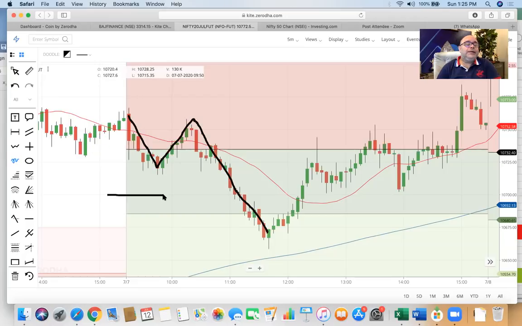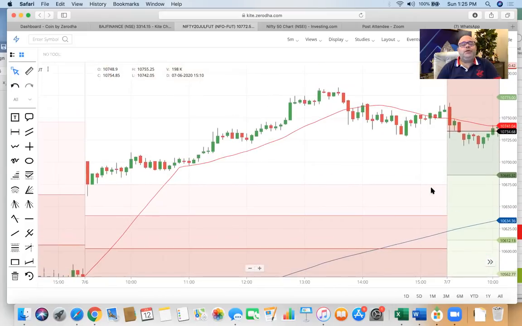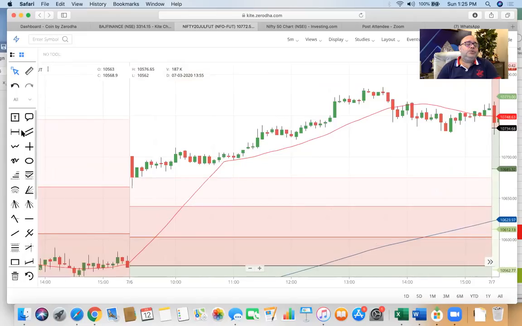The idea remains that whenever you have a certain pattern which is forming, look to the left. What is going on to the left? Now, this kind of a pattern where you gap up, as far as I am concerned, this is a correction. So again, it starts to resolve and make a fresh high.